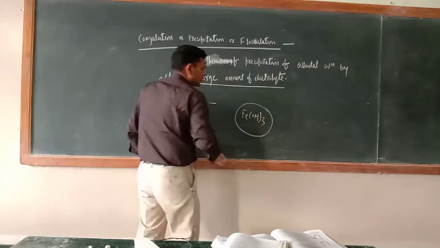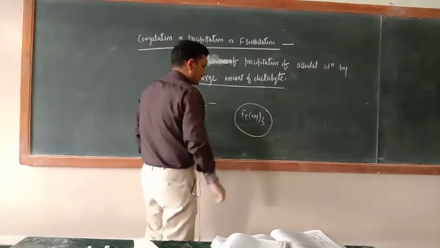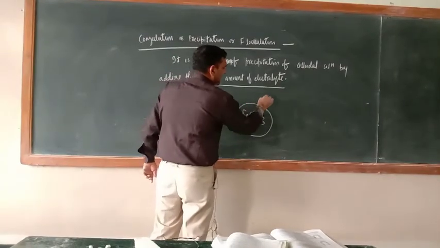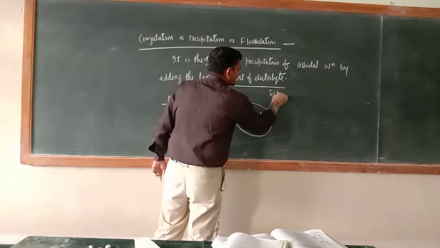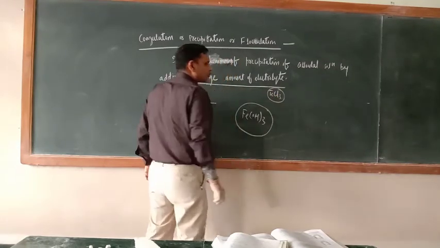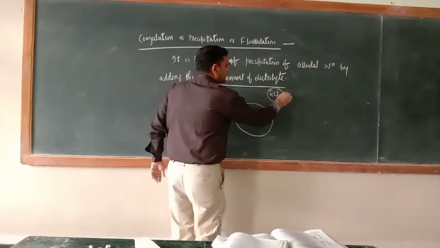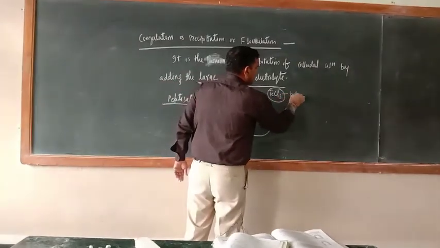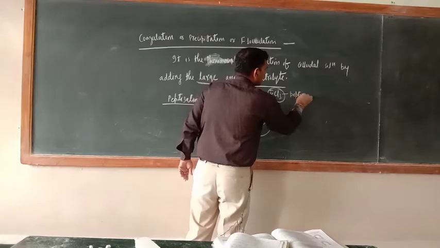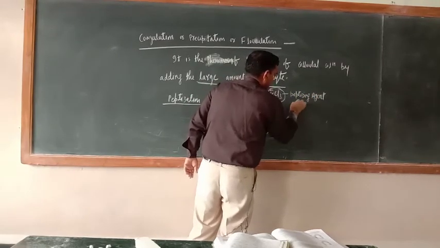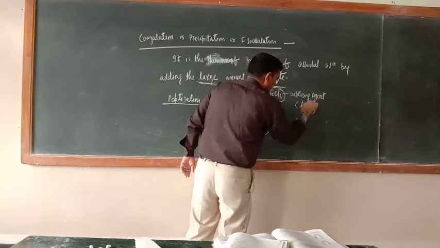To stabilize this one, you have added one peptizing agent, that is FeCl3. According to the rule of common ion adsorption, this is the peptizing agent. Now you have to take this in less amount only.